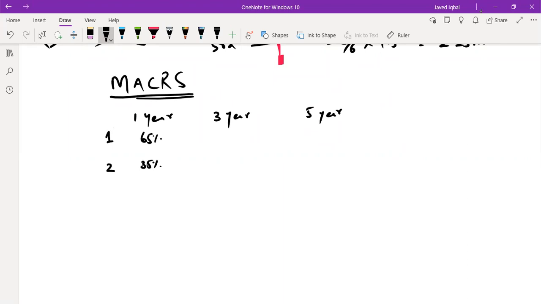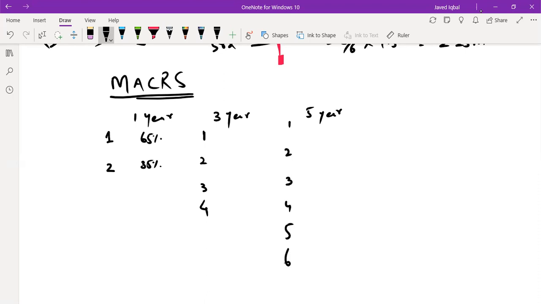So this is basically adjusted in two accounting periods. Then if you have 3 years, then you'll have four rates. So you'll have to accommodate among these four accounting years. For five, you accommodate them in six accounting years, and so on.